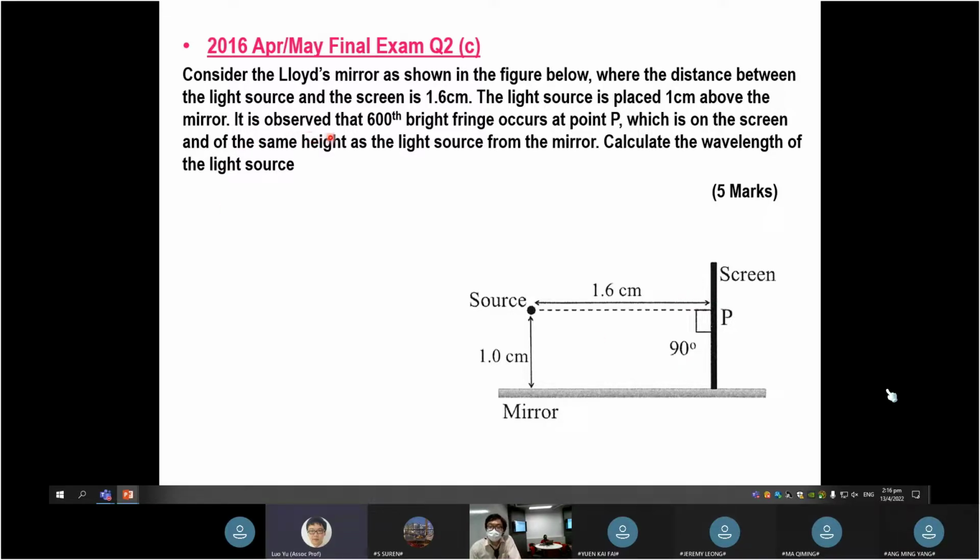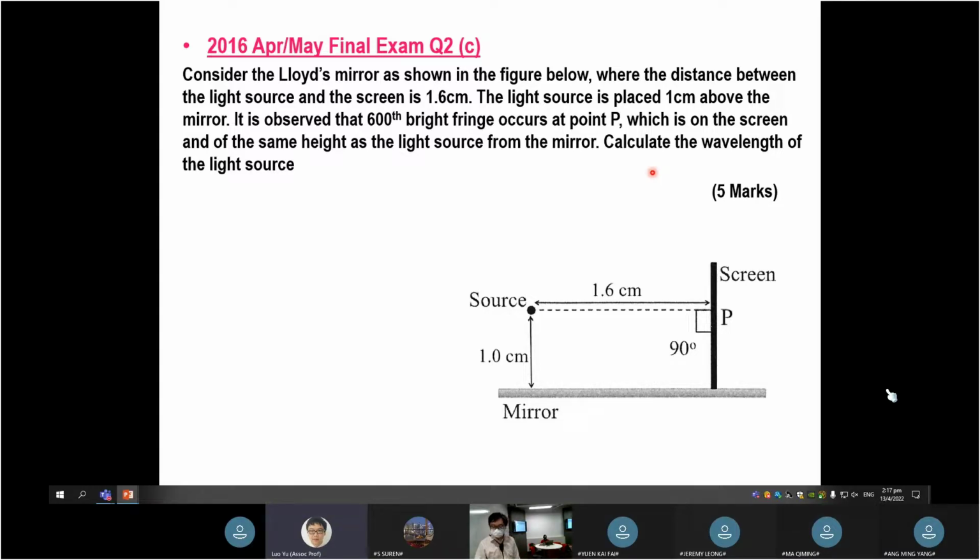Then it's observed that the 600th bright fringe occurs at point P, which is on the screen at the same height as the source. So which means that the 600th bright fringe, its distance to the bottom is about 1 centimeter. Then in this case, I want you to calculate the wavelength of the light source.